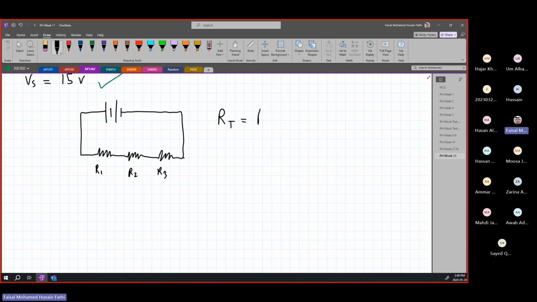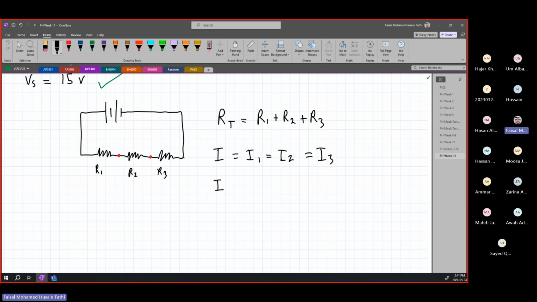Our total is going to be adding up all the resistors because they're all in series together. There is 1 point of connection between R1 and R2, and there is 1 point of connection between R2 and R3. All right, so since there's only 1 point of connection, that means they are in series. So you can just add them all up to find our total, and then you can find I, which is the same through I1, same for I2, same for I3, all right?